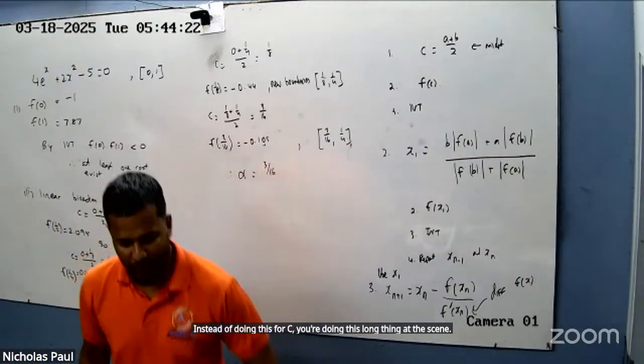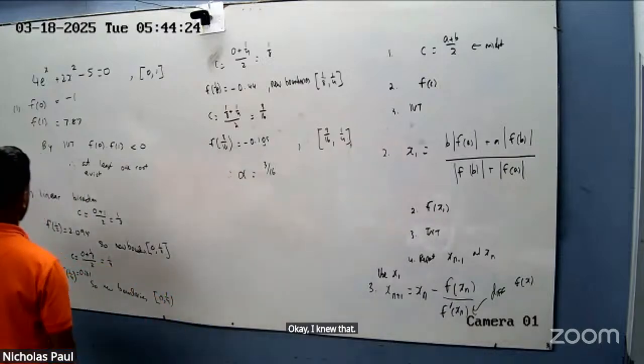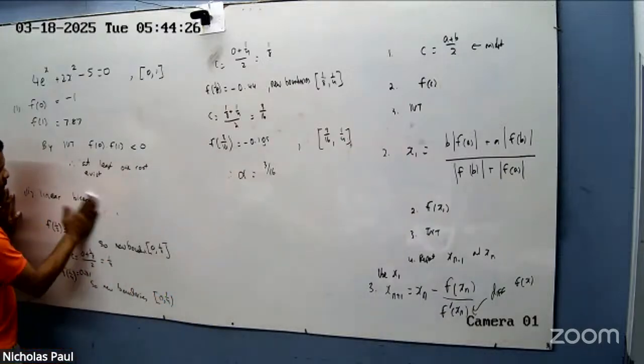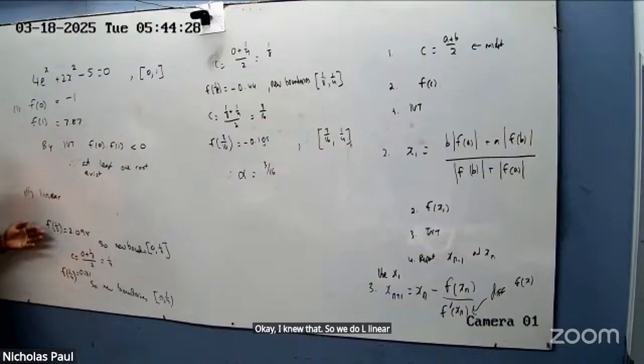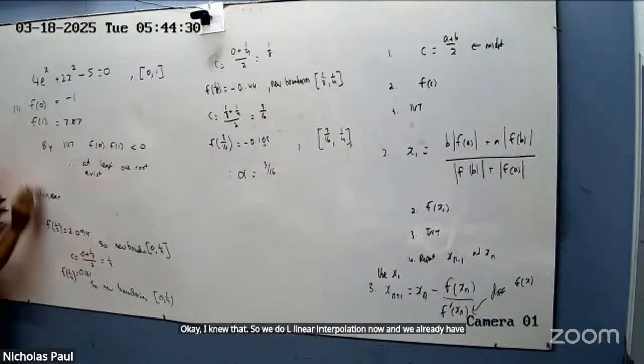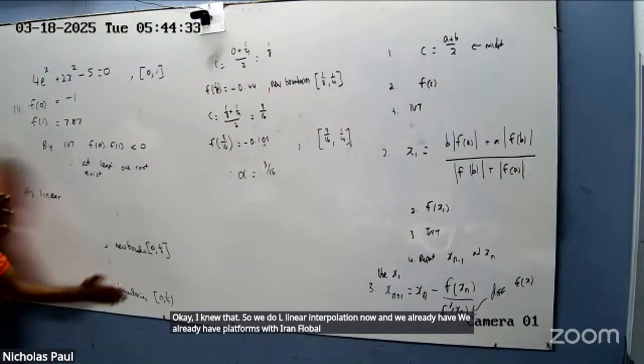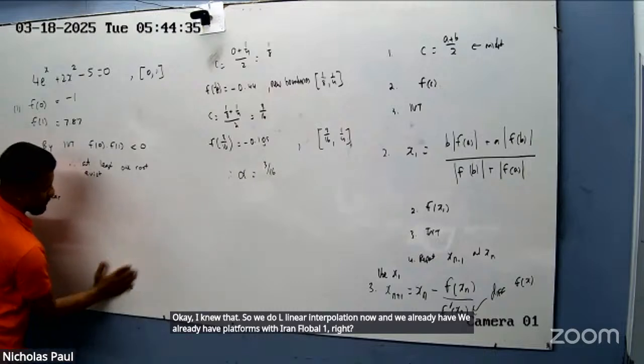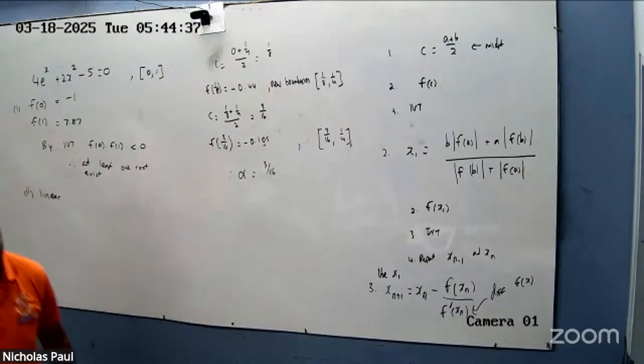Okay, I'm gonna do this on my right side. So we're doing linear interpolation now, and we already have f of 0 and f of 1, right? I'm gonna just give you one example.